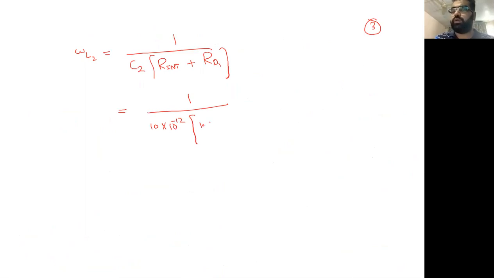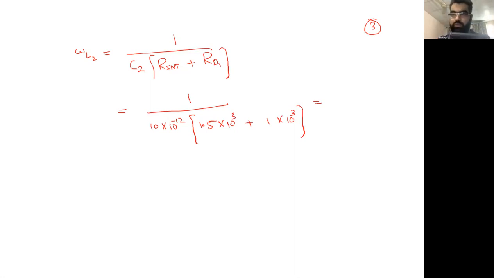We found just 1.5 kilo, let me make sure the units are consistent, 10 raised to power 3, plus RD1 is 1, 10 raised to power 3. So we have something here. If we do the math, we come out that we have 2.5 E3 times 10 E minus 12.